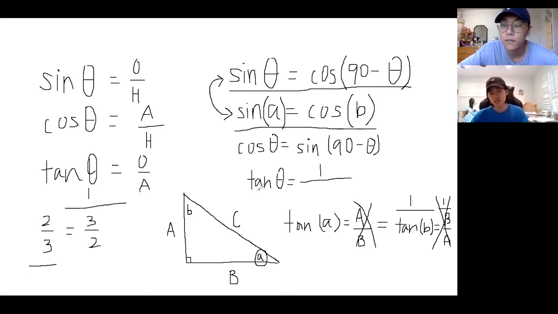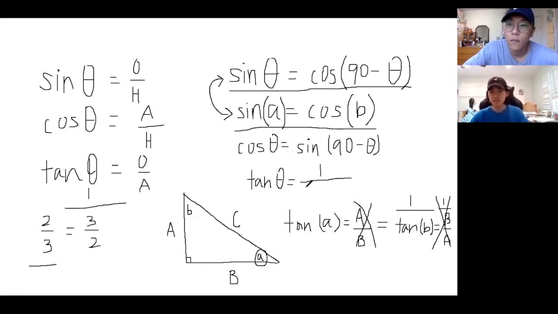Wait, tangent, the A got substituted into beta. Which I already did, right? Tangent of theta equals 1 over tangent of 90 minus beta? So tell me what I should write here.